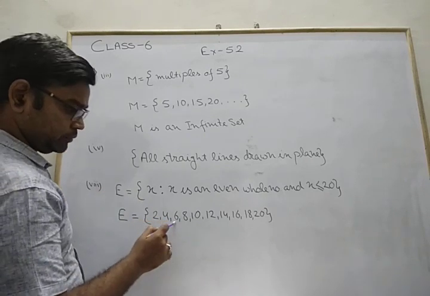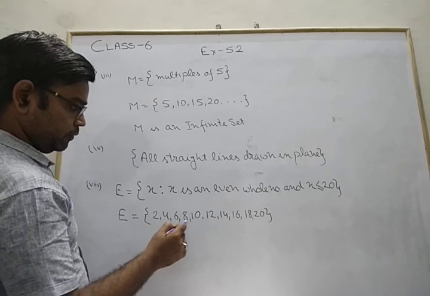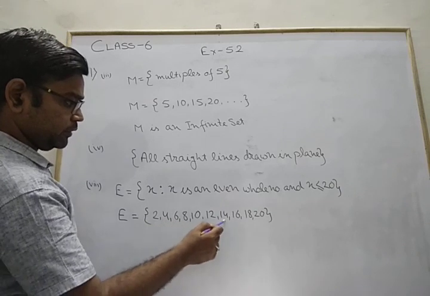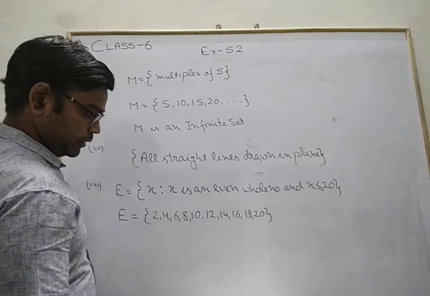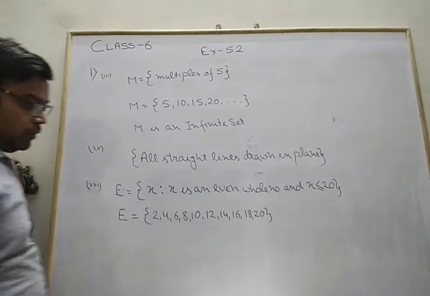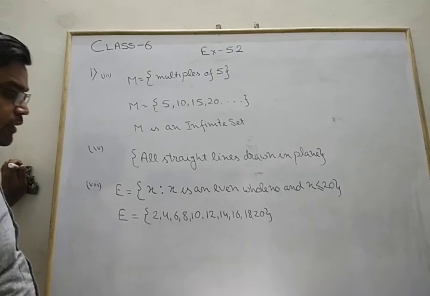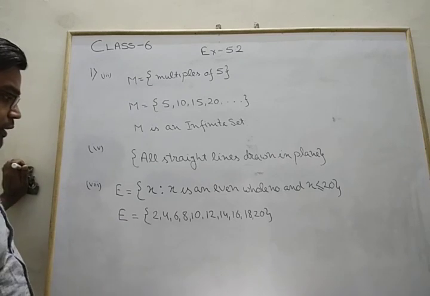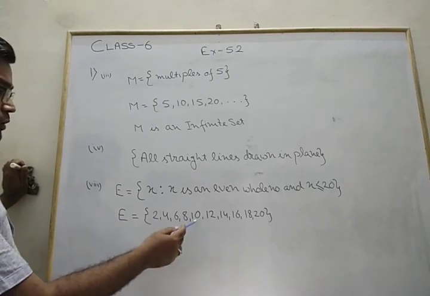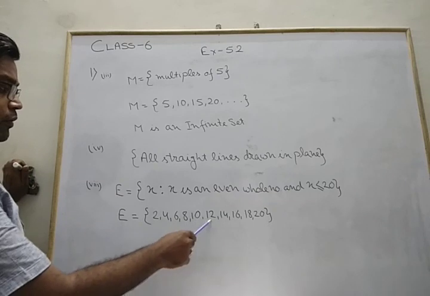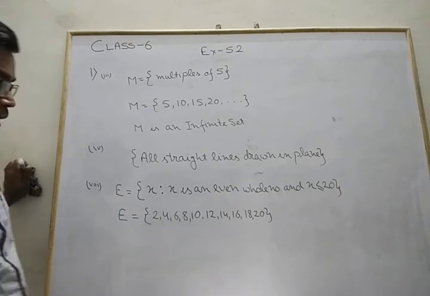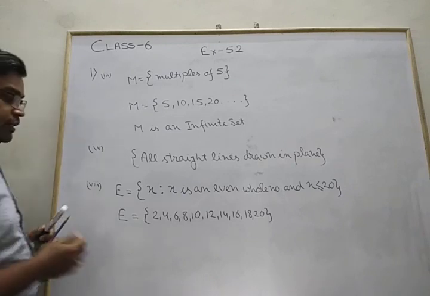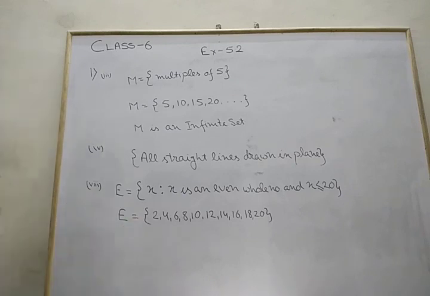So is anything missing? Let's say 2, 4, 6, 8, 10, 12, 14, 16, 18, 20. One thing is missing.